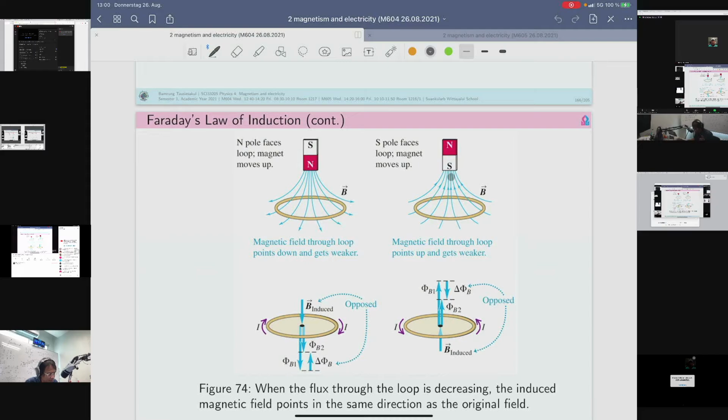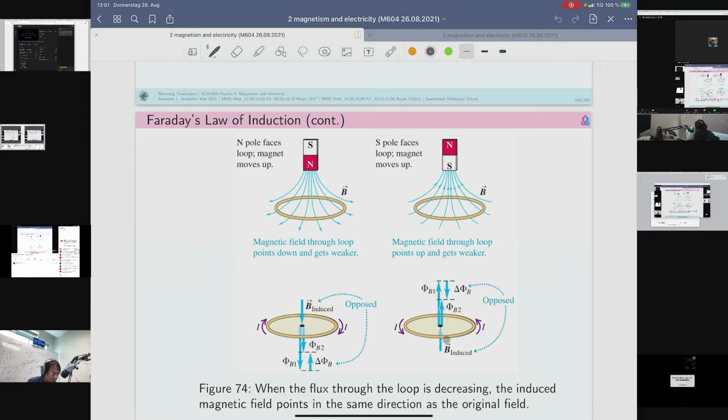We can observe that there is a reduction of the magnetic flux, so we get the delta phi B vector, and its direction is downward, right? Like this. The conductor doesn't like this situation. Again, he tries to compensate by creating additional magnetic flux.